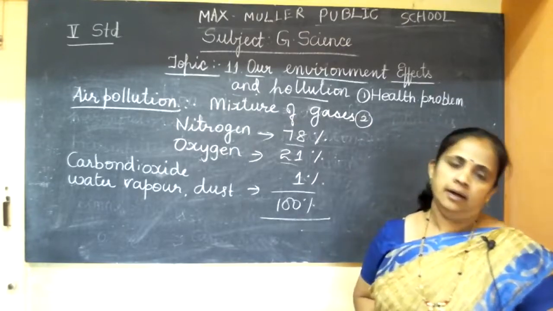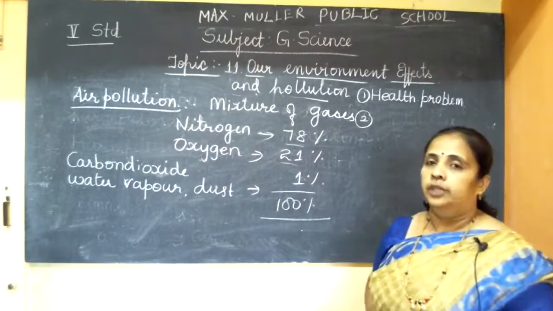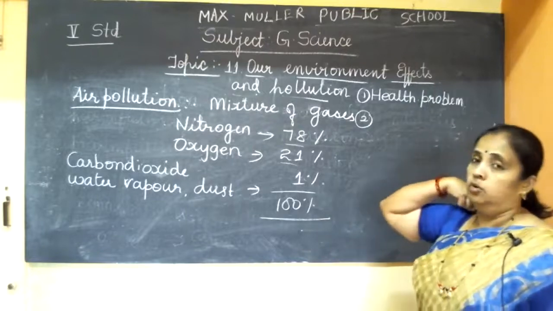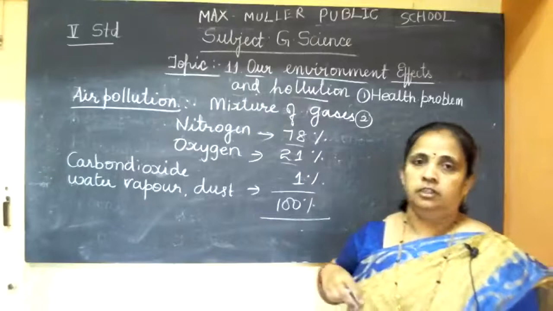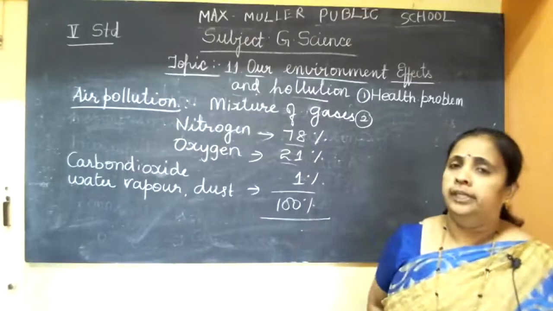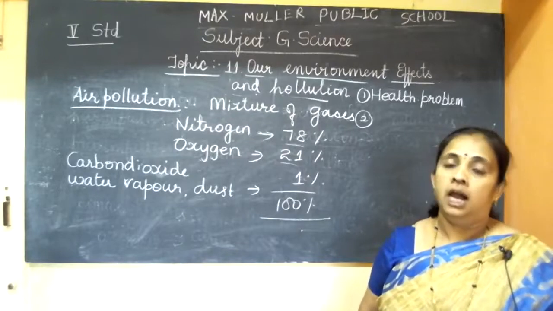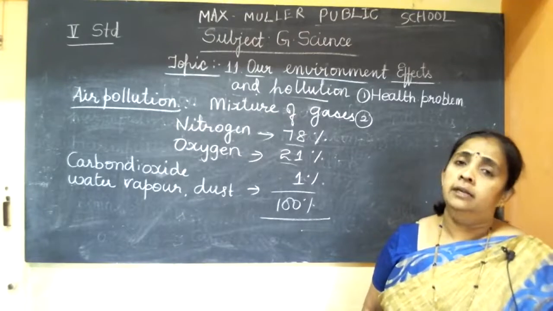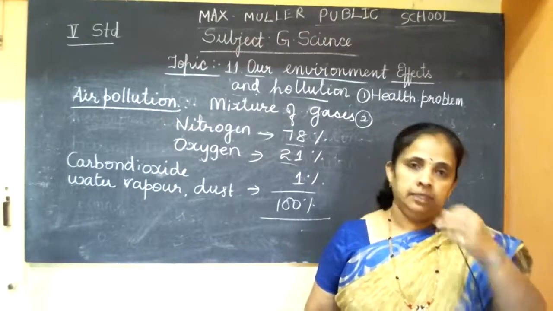Why does this health problem occur, or what diseases are we going to get from this air pollution? Before this we listed the different causes of air pollution, and in all the causes we said it is going to give out harmful gases which mix in the environment. Then the air will become impure, and smoke will get mixed in the air.